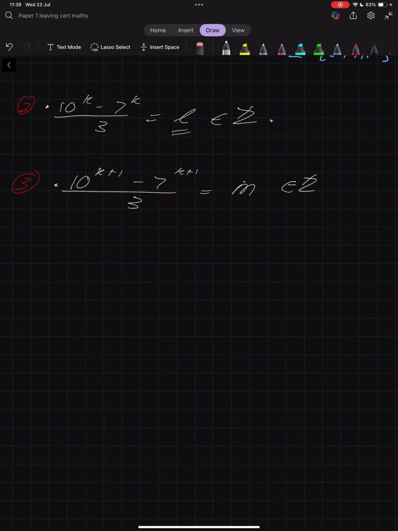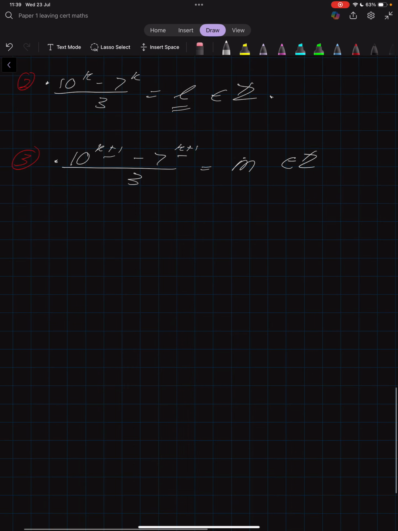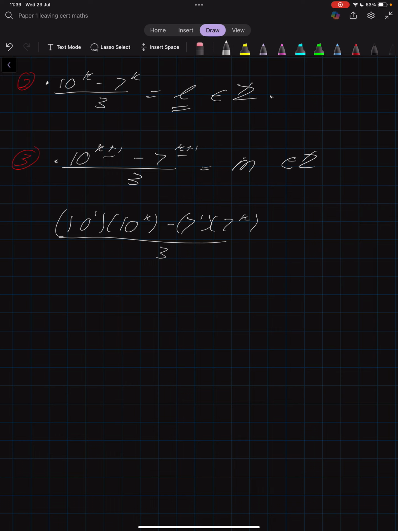So the first thing I'm going to deal with is the powers. So 10 to the power of k plus 1, that's 10 to the power of 1 multiplied by 10 to the power of k. And again, 7 to the power of 1 times 7 to the power of k, all over 3.